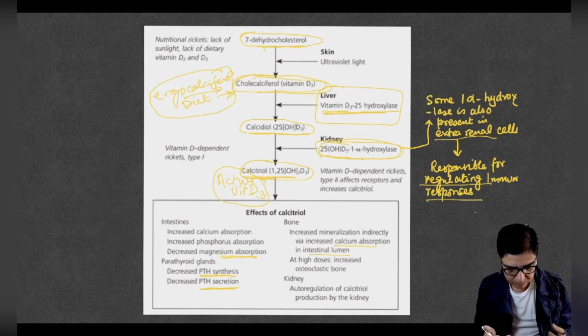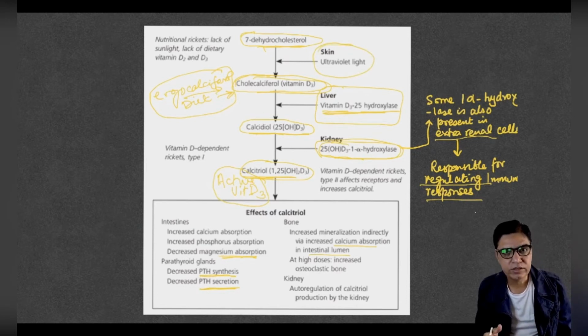The other thing which is clinically important is that many people think that in those countries where there is enough sunlight, people would probably have enough vitamin D in their body. Well, research has shown that mostly it's the people living in the tropical areas where there's a lot of sunlight who are deficient in vitamin D. What's the reason?